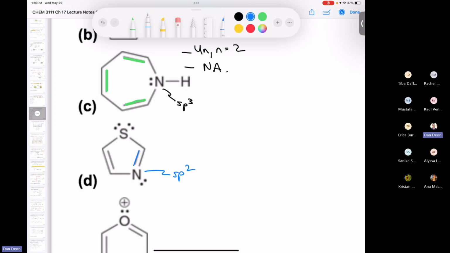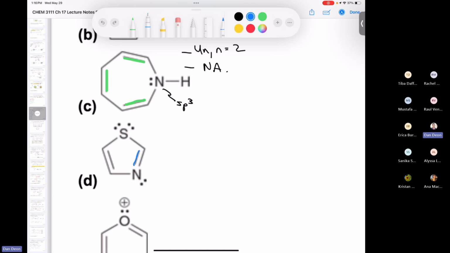It has a steric number of 3. So that means that the lone pair is not participating in resonance. It has nothing to do with aromaticity. This lone pair has to be in an sp2 hybrid orbital. If you still don't know why, it's because this is a pi bond. The pi bond is formed from the overlap of two p orbitals. There are not two p orbitals on the one nitrogen.